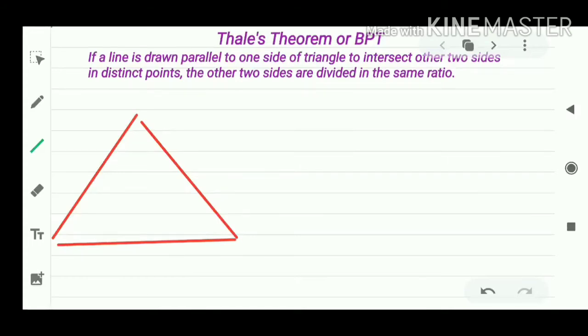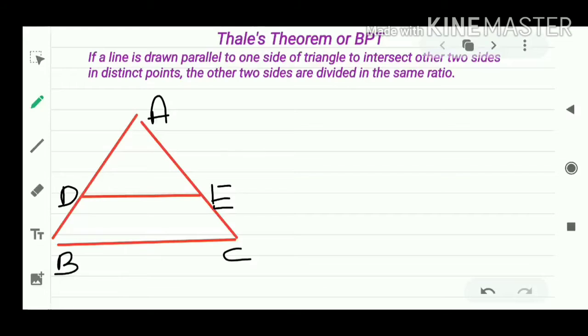A line parallel to one side. Suppose that this line is parallel to BC. Name it as A, B, C, and DE is parallel to BC. For the proof, we need some construction.